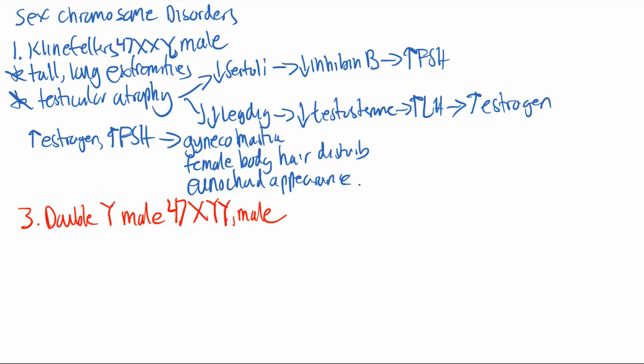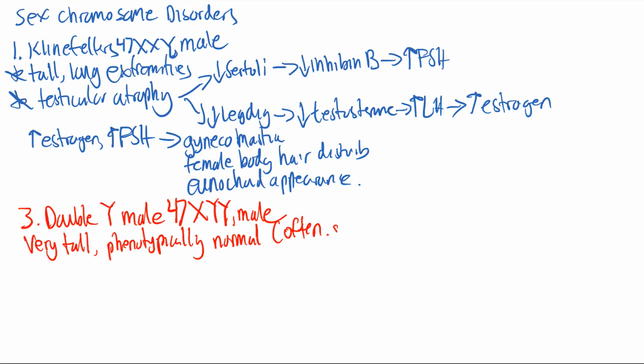And this is just like, if you think about what makes a guy, just double that. Okay? They're going to look normal. They're going to be very tall because guys are normally taller, but they're going to be extra tall, but phenotypically normal. So that means that a lot of times these patients don't get diagnosed because there's nothing obvious about it, nothing obviously wrong.